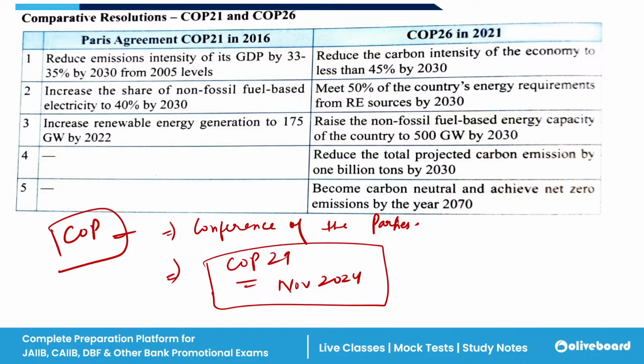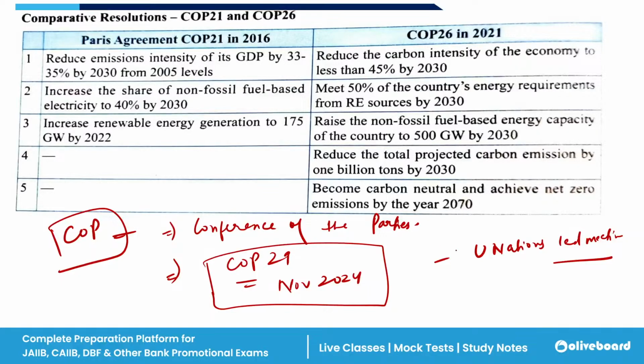Now, what is COP? Again, COP is an acronym for Conference of the Parties, which is a United Nations-led meeting of countries. This meeting is conducted to talk about the environment, for addressing climate change and other environmental issues.